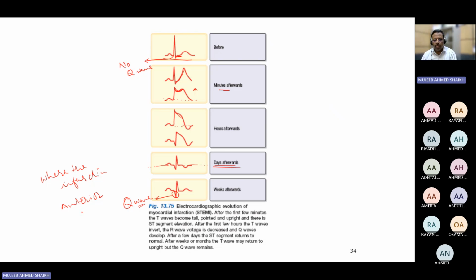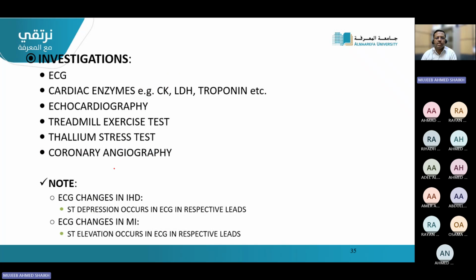Okay. After diagnosis, what are the other investigations? Apart from ECG, there are cardiac enzymes, chemical tests. You can know the CK, that is the creatine kinase, LDH, troponin. They will be elevated. Echocardiography will tell you the thickness of the muscle.